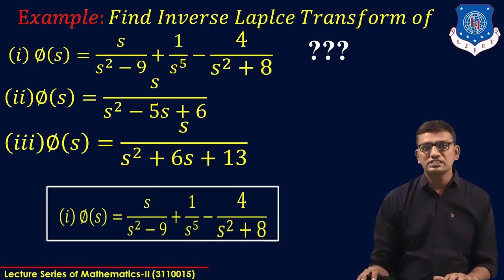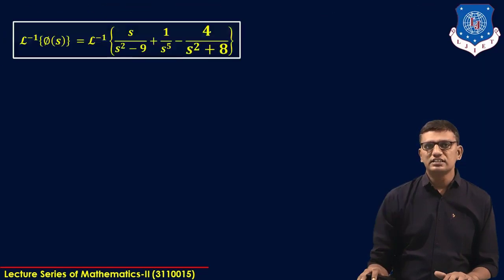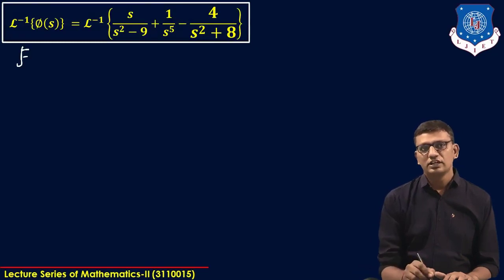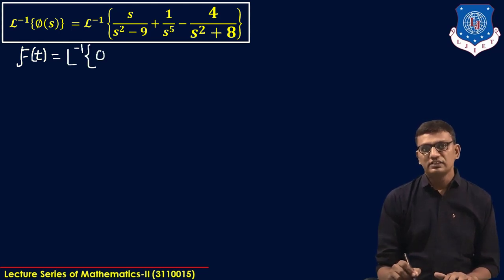Our first question is phi of s equal to s upon s square minus 9 plus 1 upon s raised to 5 minus 4 upon s square plus 8. Let us see how to solve this question. Here f of t equals inverse Laplace of phi of s, where phi of s is given in the question.